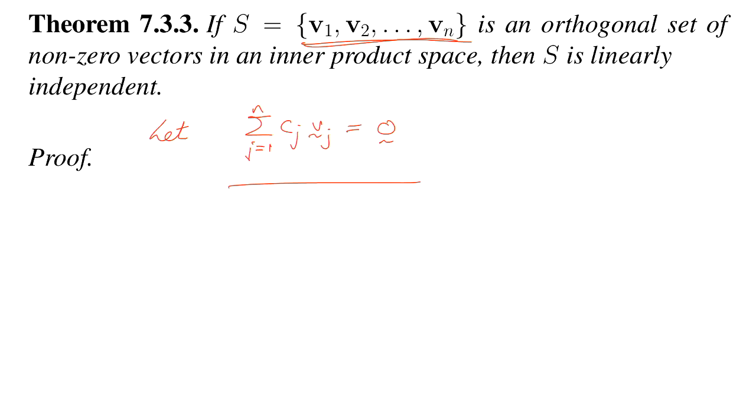What would be a good candidate to take the inner product of the left and right hand sides with, so that we learn something about the CJs? The stuff in S, yes, that would be right. That would be a very sensible thing to do: pick something in S and take the inner product of the left and right hand side of this equation with that thing in S.